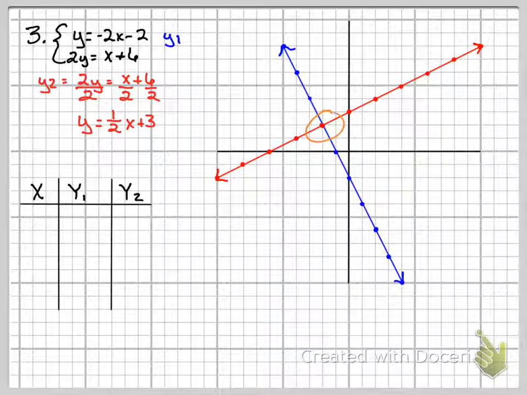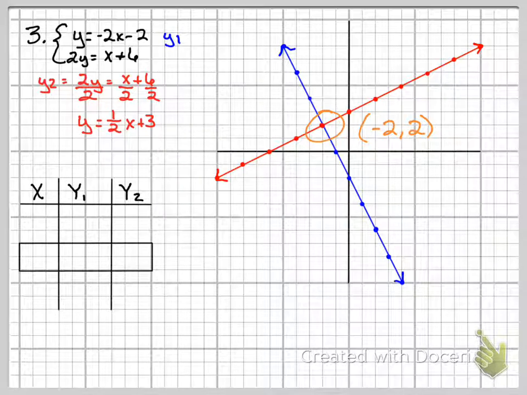Okay, we see our intersection right here at -2, 2. All right, and then we're going to put this into our calculator. We're going to put the -2x minus 2 for y1. y2 will be 1/2 x plus 3. We're going to look on that chart again, and we're going to look at where x is -2.